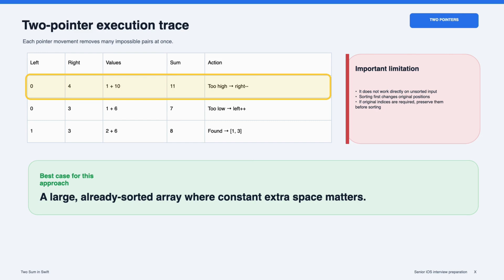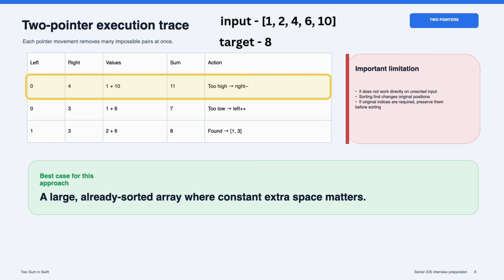Now let us go through the execution step by step. Our input is 1, 2, 4, 6 and 10 and our target is 8. In the first iteration, our left pointer will point to index 0 and our right pointer will point to index 4.